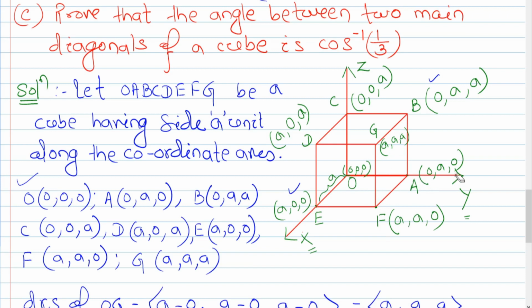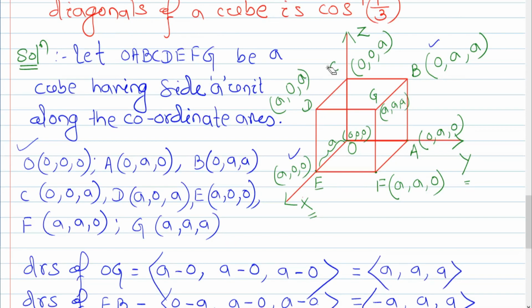A is on the y-axis, so 0, A, 0. And B is in which plane? YZ plane. B lies in the YZ plane. So therefore the YZ coordinates should be there, X coordinate 0. C is on the Z axis, so only the Z coordinate is there, X coordinate 0, Y coordinate 0. Here D lies in the XZ plane.